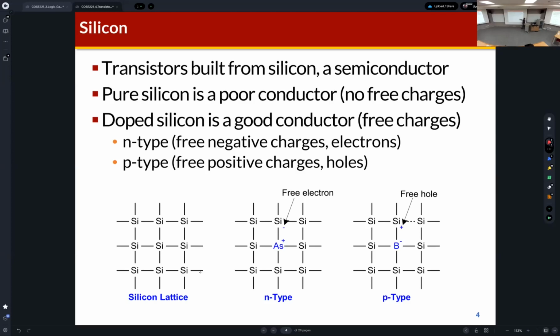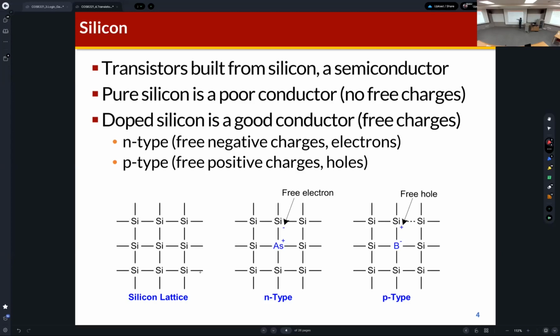So this type is called the N-type material, and this type is called the P-type material. As I mentioned, arsenic has 5 electrons, so it has an additional 1 electron. So if we include the arsenic in the silicon material, then we can make the N-type material.